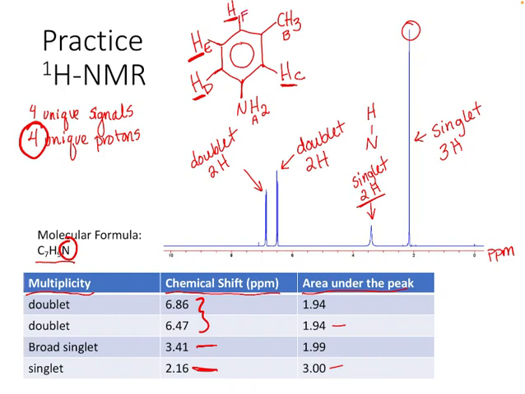It has a different distance from methyl and from the amine compared to the other protons. Okay, so let's see how many unique protons we have in this structure. We have 1, 2, 3, 4, 5, 6 protons again. But again, our NMR spectrum tells us we should only have 4 unique protons.